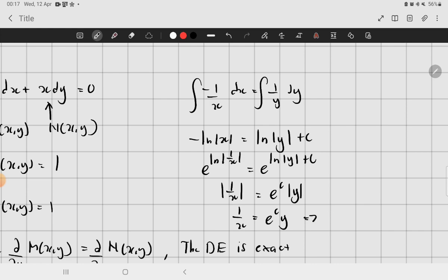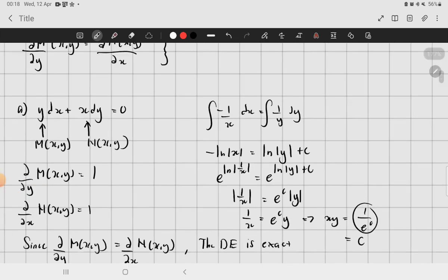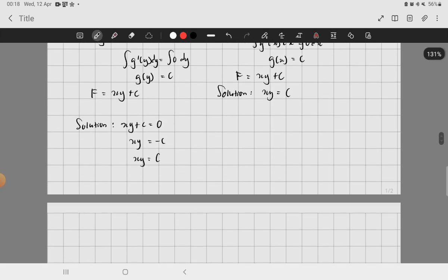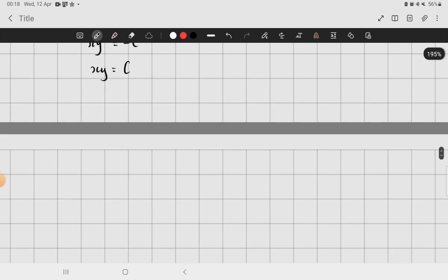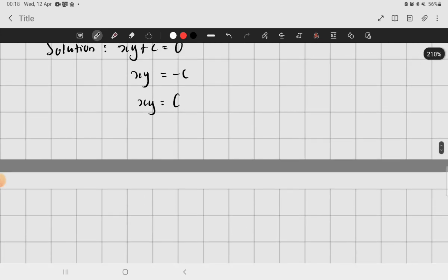And yeah, you get xy is equal to 1 over e power c. This is still a constant, so you get c. So yeah, you could solve this using separation of variables. Very nice indeed. Okay, so I'll show you a lot of ways to solve this. Hopefully my explanation is correct. If not, then just let me know.